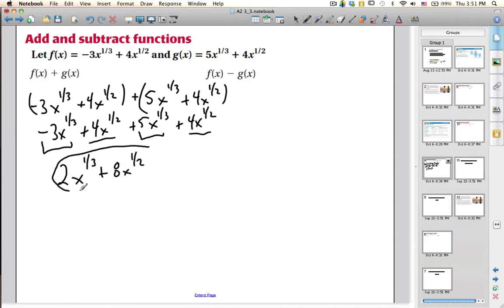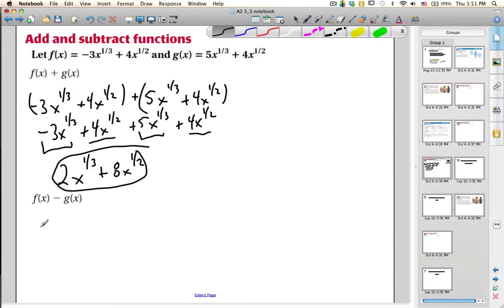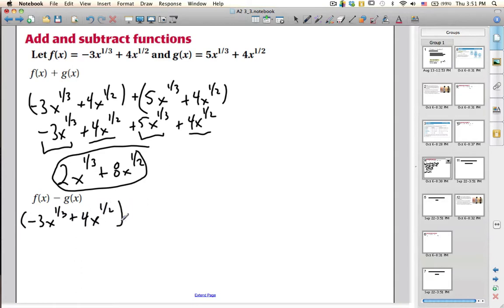And that's adding the functions together. Okay, if I do subtraction, now this is where it's really going to be important that I use the parentheses, because that ends up creating the need to distribute multiplying by -1, and that's going to change all the signs.